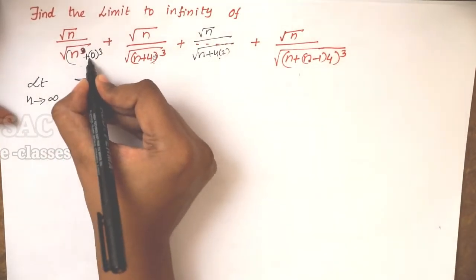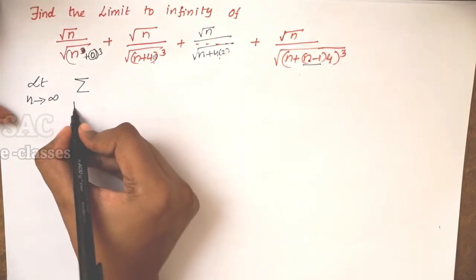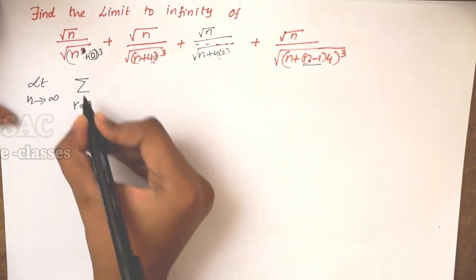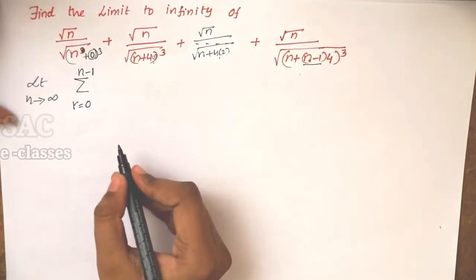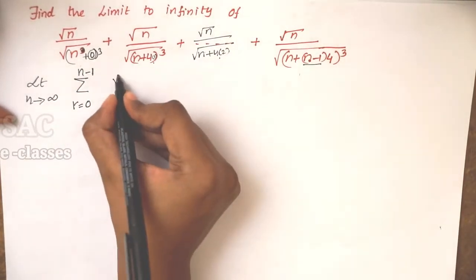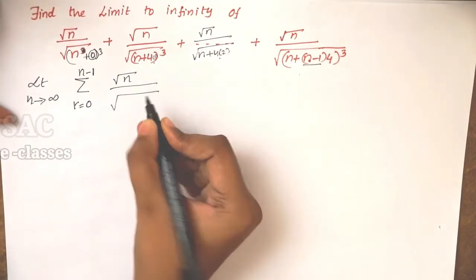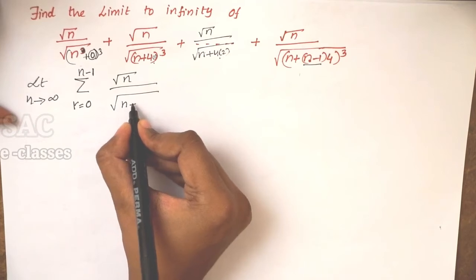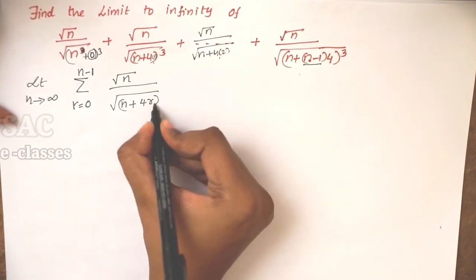From where to where is the change? 0 to n minus 1. So r equal to 0 to n minus 1. Numerator root n, denominator root over (n plus 4r) whole cube.